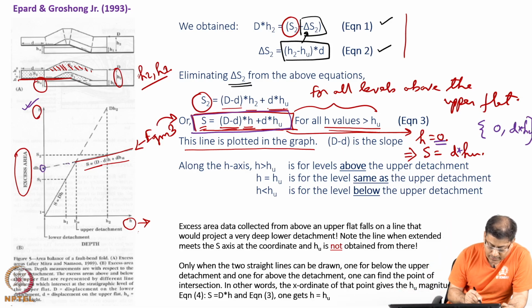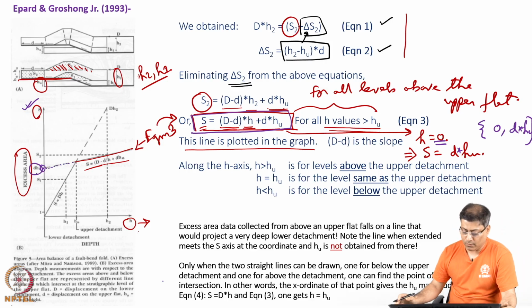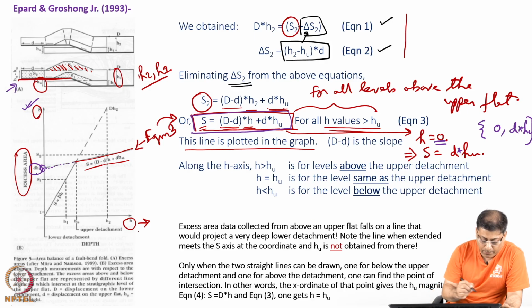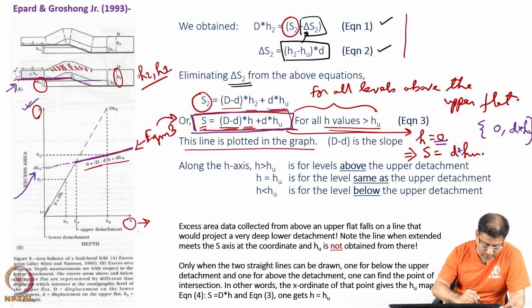That means if I extend this line here, I get the dHu coordinate along the S axis. So, for all levels above the upper flat, the line is here, and here is the term dHu, and for all levels below this upper flat, such as layer 1, we can draw our conventional line.